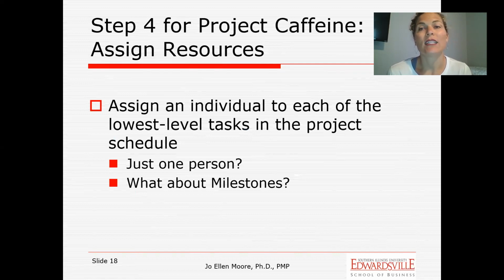But you still want to identify who is the one person ultimately responsible for making sure that task gets done. Right? Again, multiple people can be working on it together, but you need to have one person being held accountable for that particular task. So for each task that you identify, you'll have a person assigned to that task. Okay.